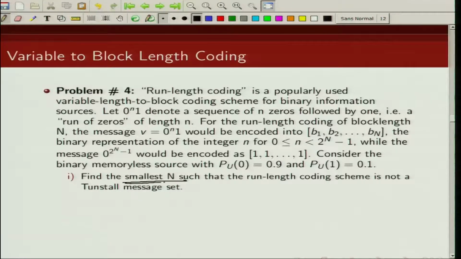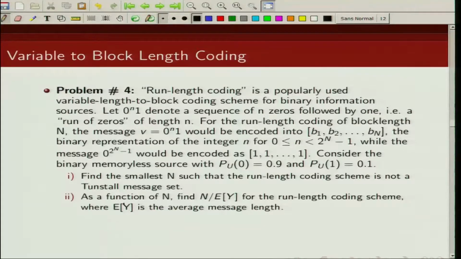Find the smallest n such that the run length coding scheme is not a Tunstall message set. Okay, we need to find the smallest n such that this run length coding which we described here is not a Tunstall message set.